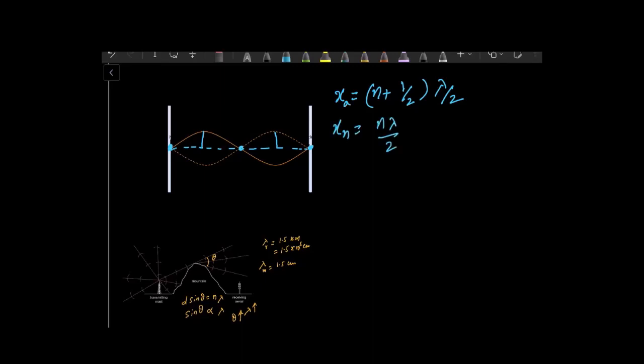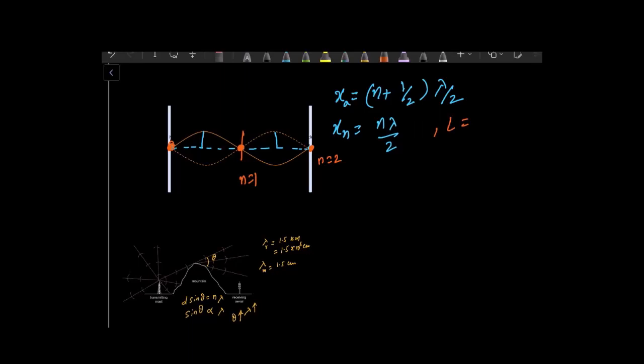So for x is equal to 0, there is the first node here, for n is equal to 0, then for n is equal to 1, and for n is equal to 2, this is a node. So the total length of the string is lambda.